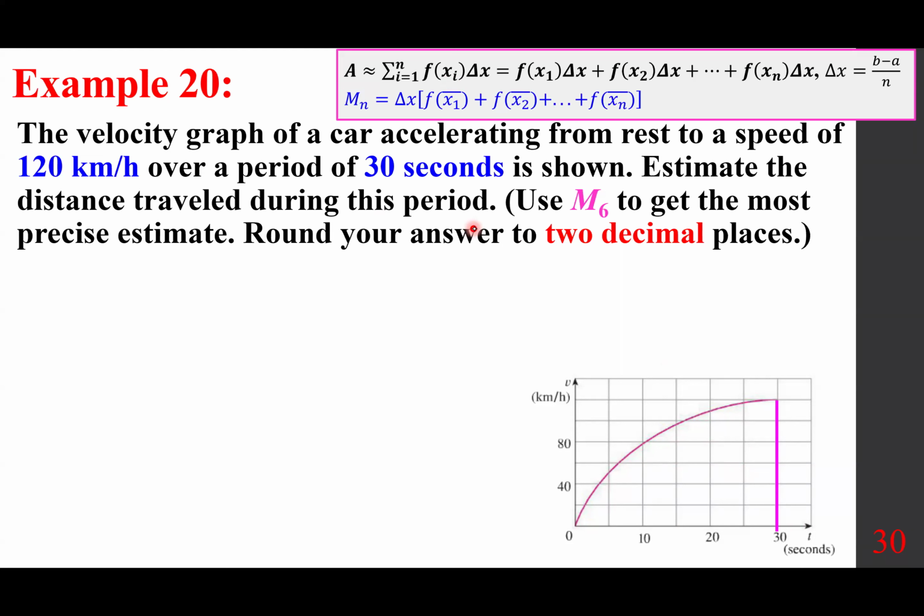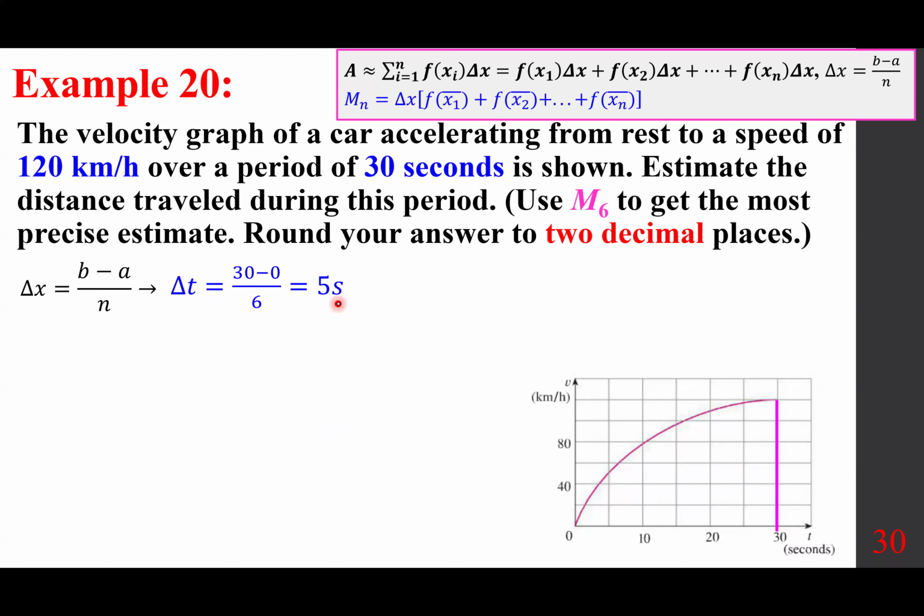So delta x is b minus a over n. That means 30 minus 0 over how many pieces? 6 pieces. That's 5. So 5 what? If this is 30 seconds, each subinterval is 5 seconds.